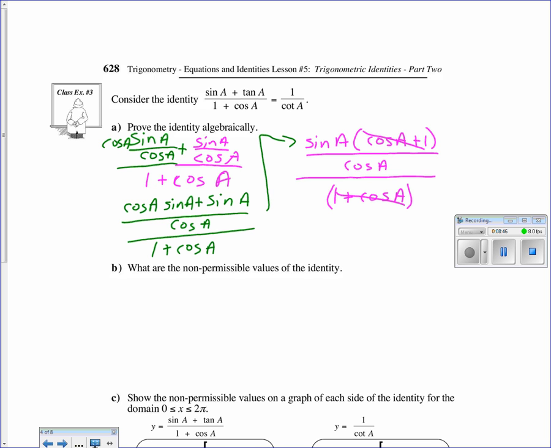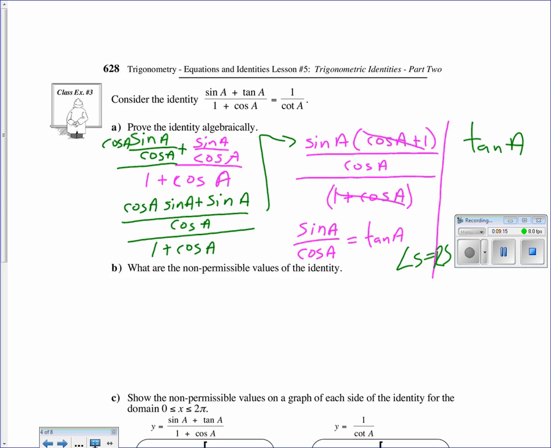And I'm left with sine A over cos A, which is by definition tan A. So I've been able to take my left-hand side and make it equal to tan A. And when I look at my right-hand side, I know and you know that 1 over cotan A is equal to tan A. So I get to say that my left-hand side is equal to my right-hand side.